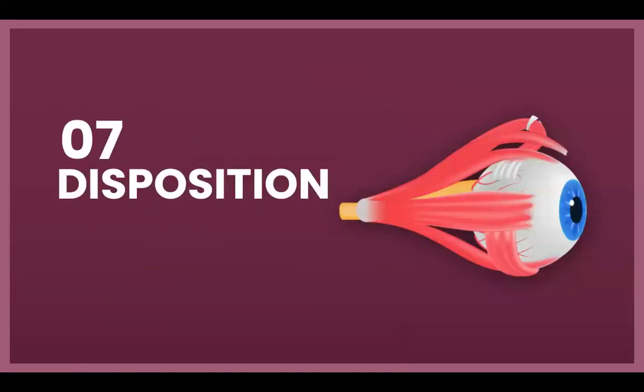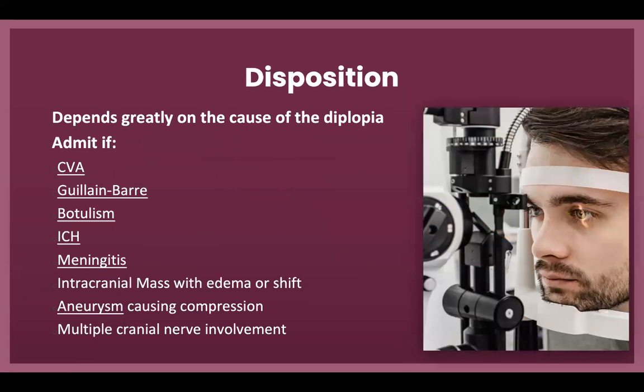The disposition. Okay, it is related to the cause of diplopia. You should admit the patient if you have suspicion or a confirmation of CVA, cerebrovascular accident, Guillain-Barré syndrome or any subtype, botulism, intracranial hemorrhage, meningitis, intracranial mass with edema or midline shift, aneurysm causing compression, or multiple cranial nerve involvement.